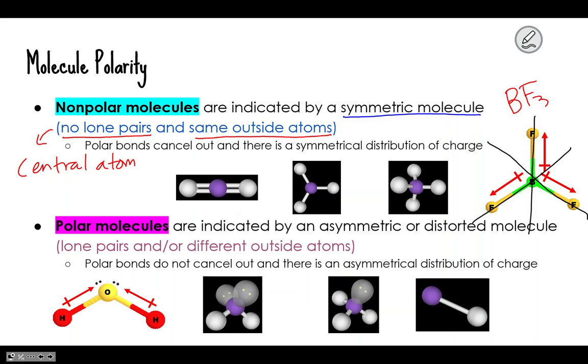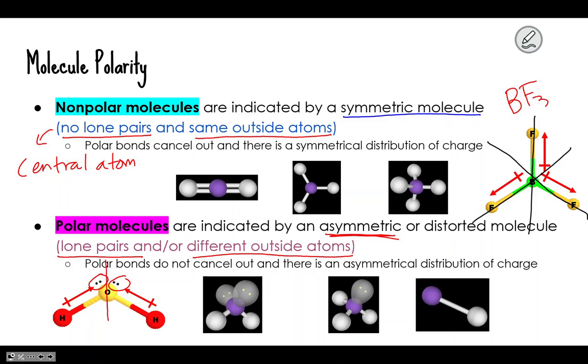Now for polar, what you'll see is lone pairs on the central atom or different outside atoms. We call this asymmetric, where it's not symmetrical. So if you see lone pairs on the central atom, for example H2O, we all know H2O is polar anyway, but it's because it has those two lone pairs.